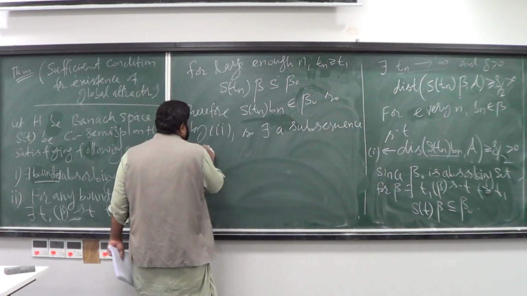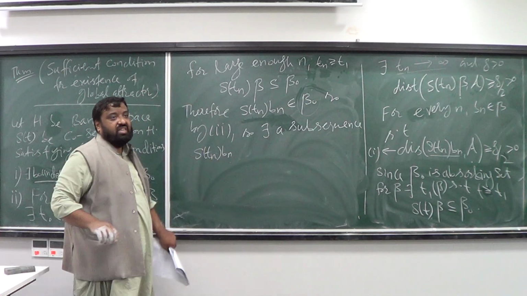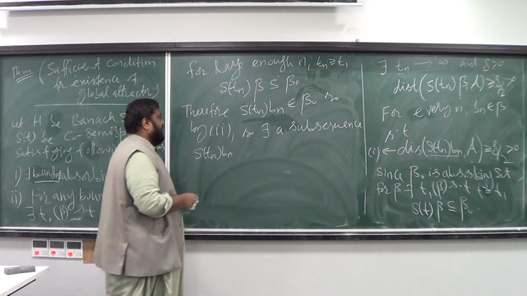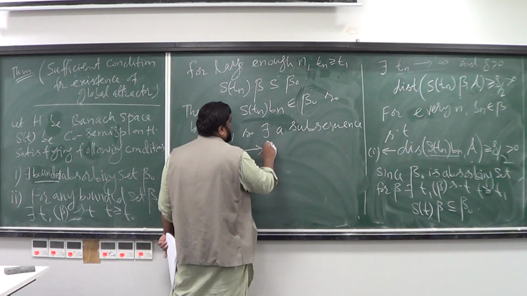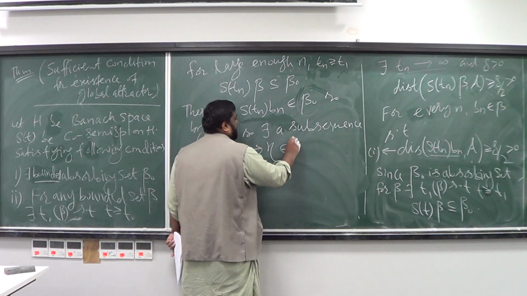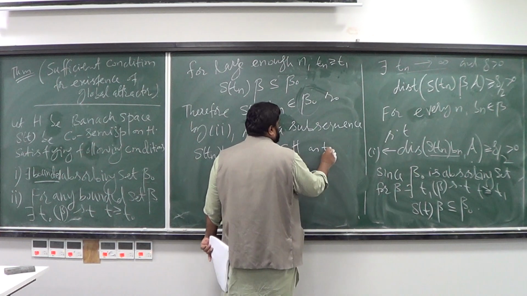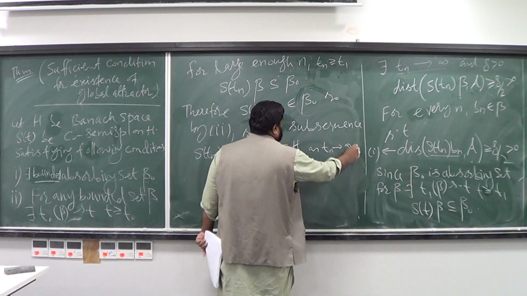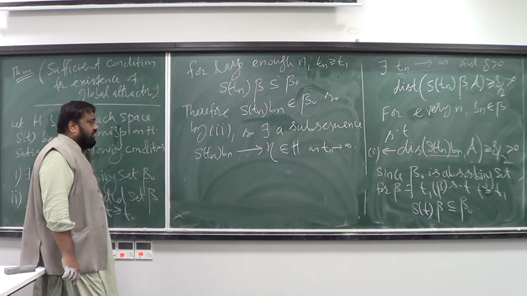Let's again denote it by S of Tn applied to Bn, such that it converges to a point, say eta in H as n goes to infinity, or Tn goes to infinity. So this is what it is going to follow.